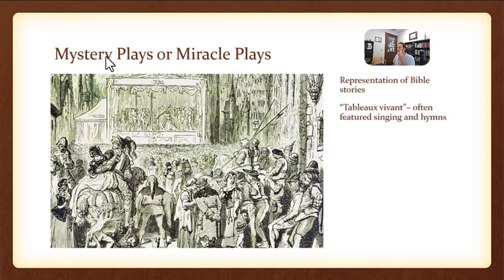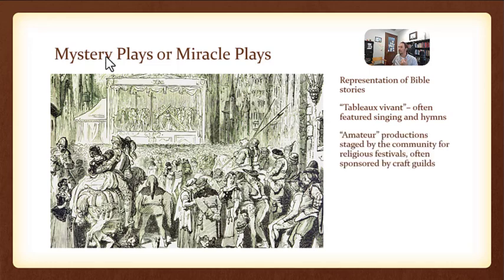They often featured a theatrical technique known as tableau vivant, a kind of living painting, a visual representation of a scene, and they often featured singing and hymns. These were amateur productions staged by the community for religious festivals, often sponsored by craft guilds, and they continue to the present day in the form of the Christmas pageant and the Easter Passion play.